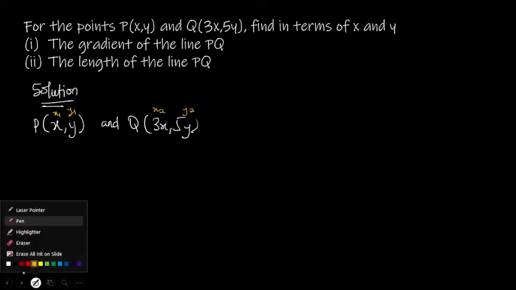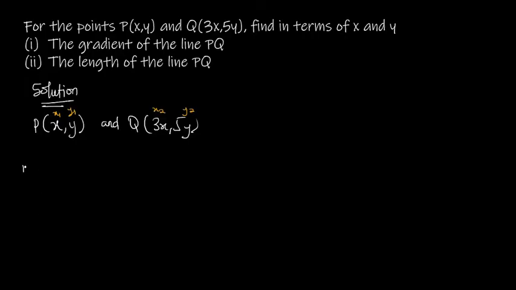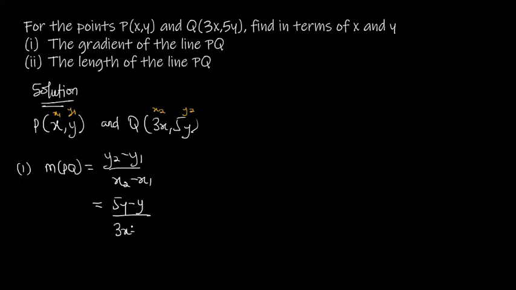Okay, so as usual, I will always write my x1, y1, x2, y2 over here for ease of calculation. Then I can go ahead and say I, the gradient of the line PQ, which is m of PQ, will be equal to y2 minus y1 on x2 minus x1. So this is equal to my y2, which is 5y, minus my y1, which is y, on my x2, which is 3x, minus my x1, which is just x.